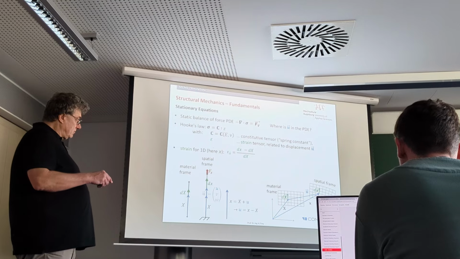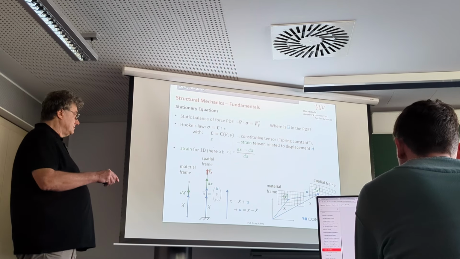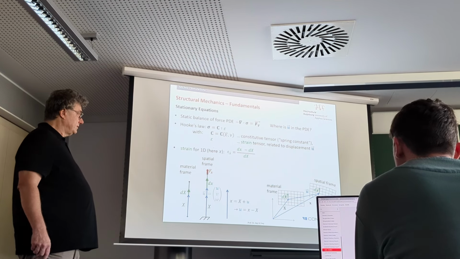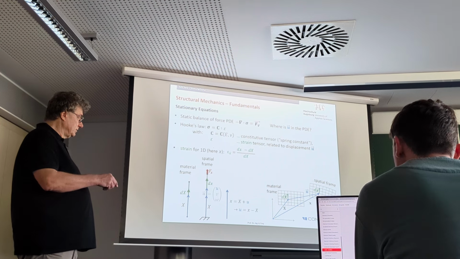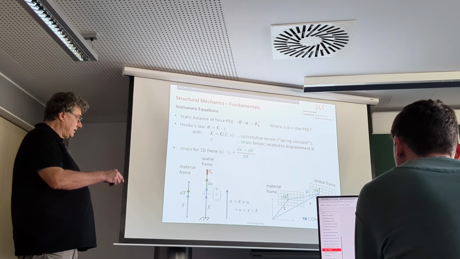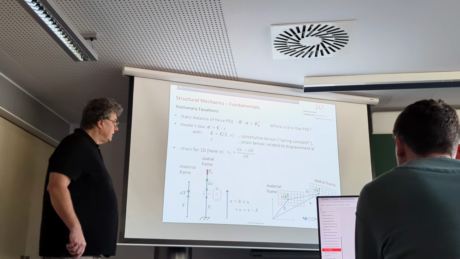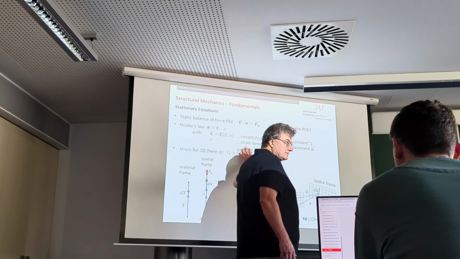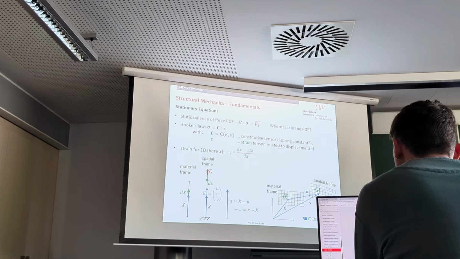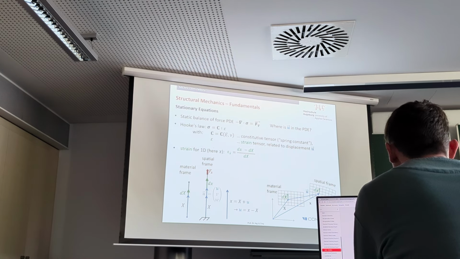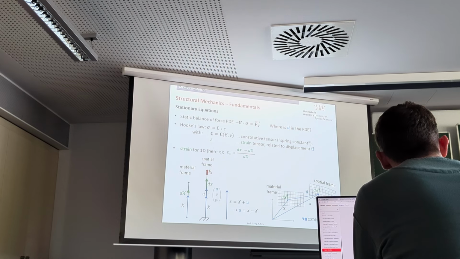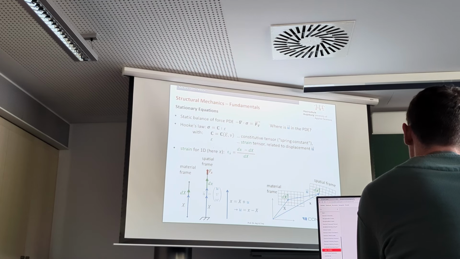Now, I wrote down that expression for the strain in that situation, 1D, so I labeled epsilon x. Does this make sense for you? That is the concept I used here, which you should be familiar with if you talked about strain so far.